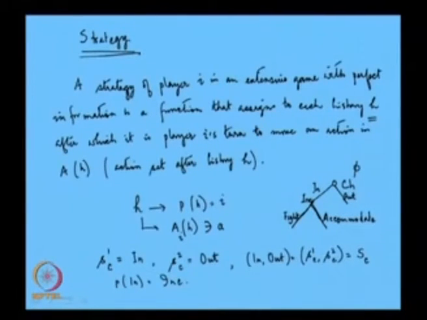Now, how many actions does the incumbent have in his action set after in has happened? He has two actions, fight or accommodate. So, like the case of the challenger, his strategy set is the following. Let us call it S1 and S2 with the superscript 2.